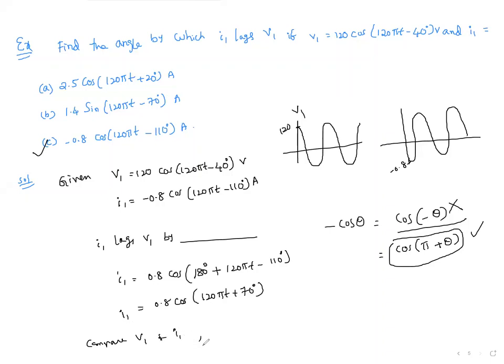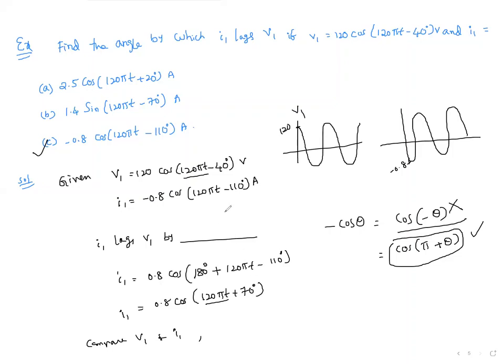Then if you compare, here this 120 pi t, 120 pi t is there, but here minus 40, here 70 is there. How much is the difference? Can you fill this gap? Minus 30.